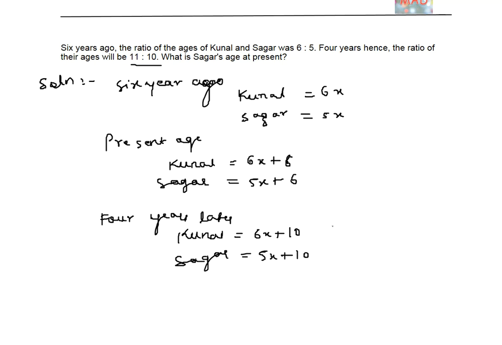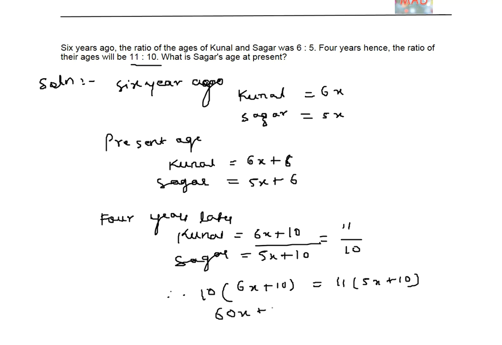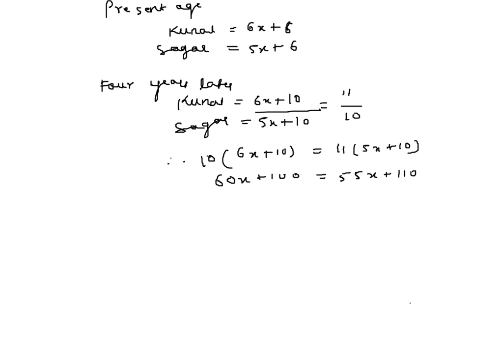We take the ratio here and we can solve this equation. 10 times (6x plus 10) and 11 times (5x plus 10). So we have 60x plus 100 and 55x plus 110. By solving this equation we'll get 5x is equal to 10, x is equal to 2.